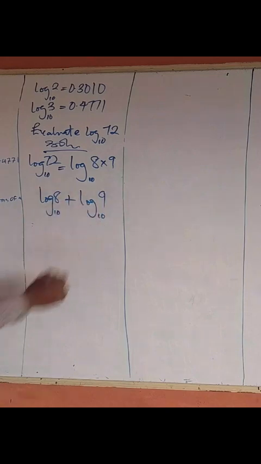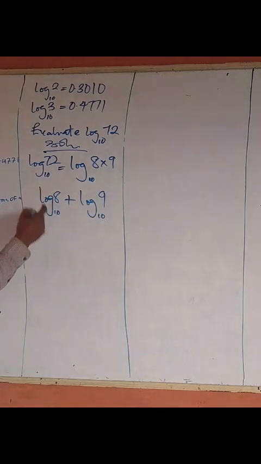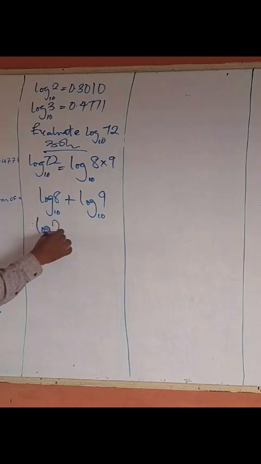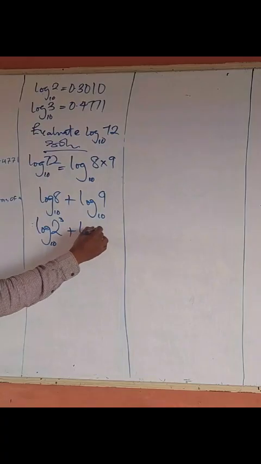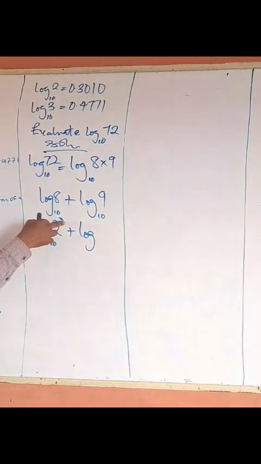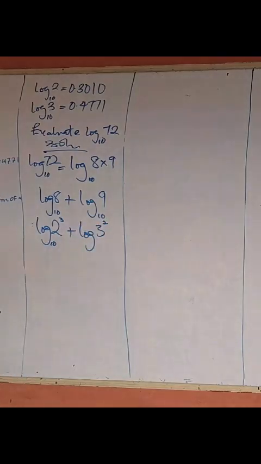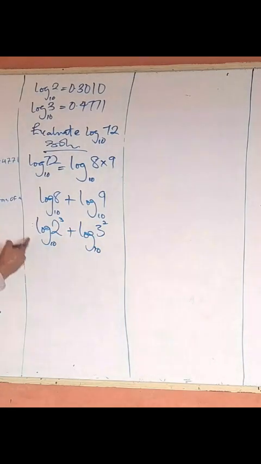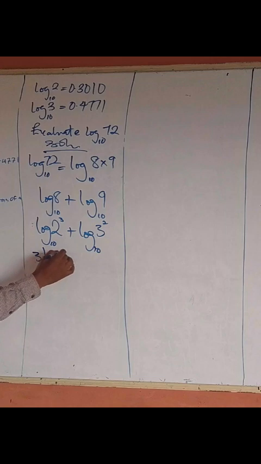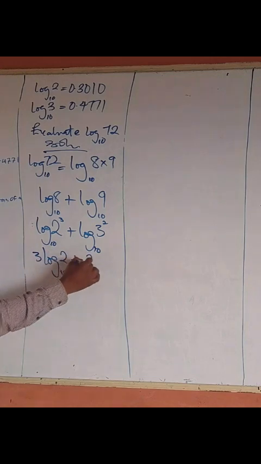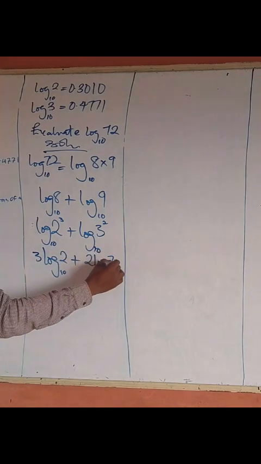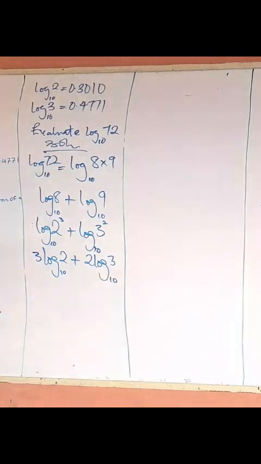Breaking this down again, 8 is 2 cubed and 9 is 3 squared. So this number becomes 3 log 2 base 10 plus 2 log 3 base 10. Can you see now?